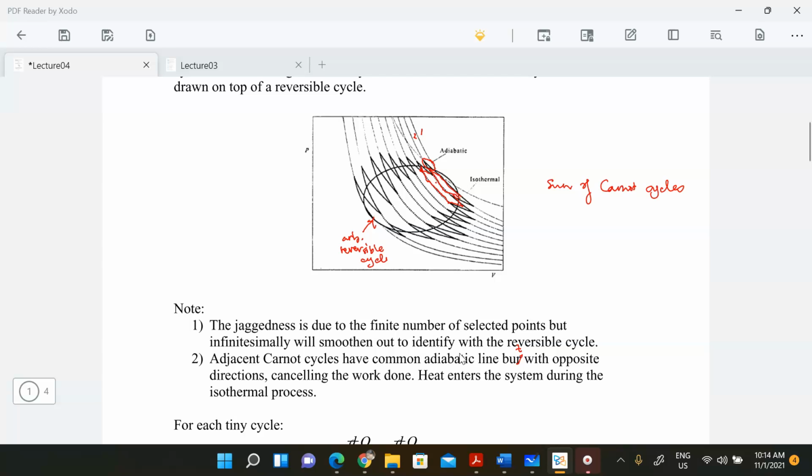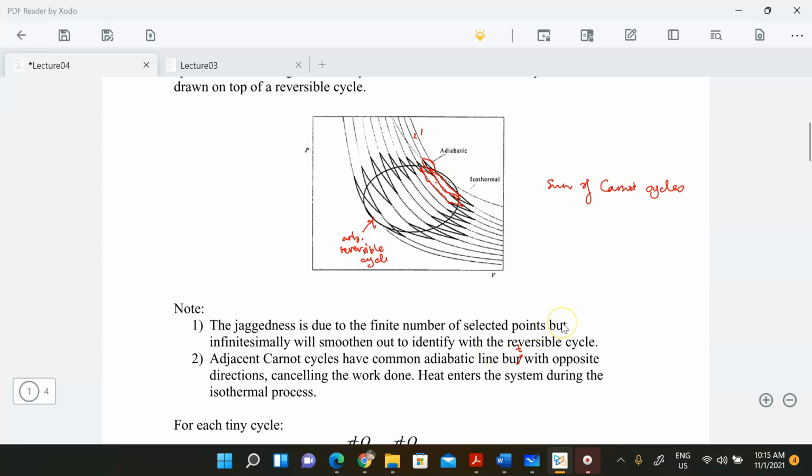So the work done by this process will vanish, because when you sum it, the two are in opposite directions. Those works cancel off, and effectively what you have is just the general reversible cycle.